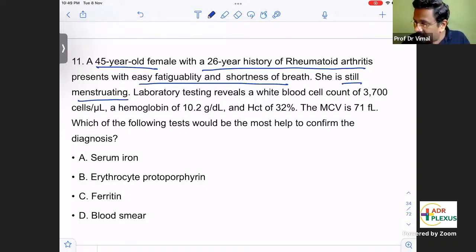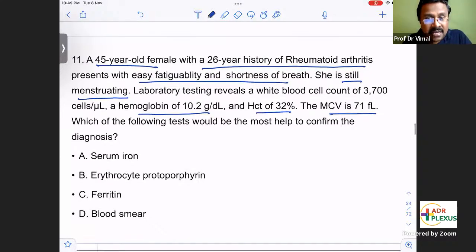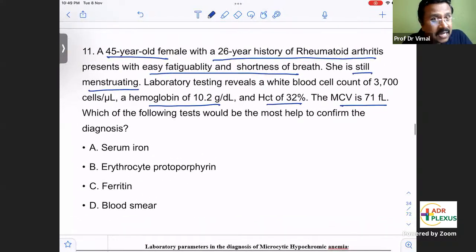Here they have given you hemoglobin 10.2, the hematocrit is low and MCV is 71. So this is a microcytic hypochromic picture. For a microcytic hypochromic picture, the two differentials are anemia of chronic disease and iron deficiency anemia. Actually, here they are not asking you what the diagnosis is.